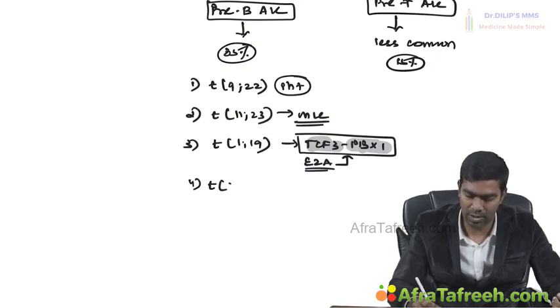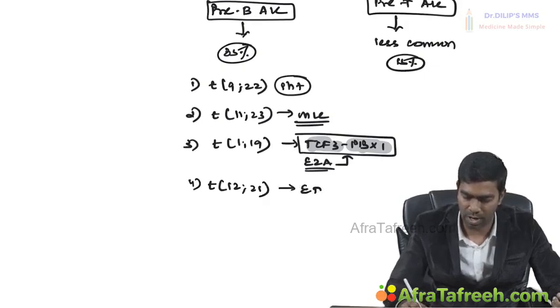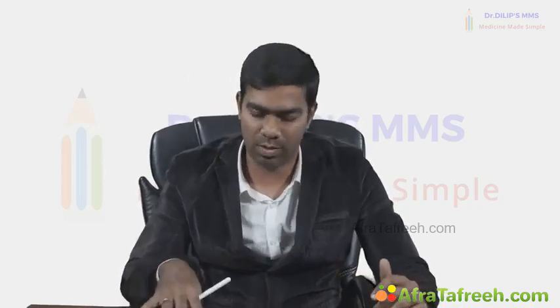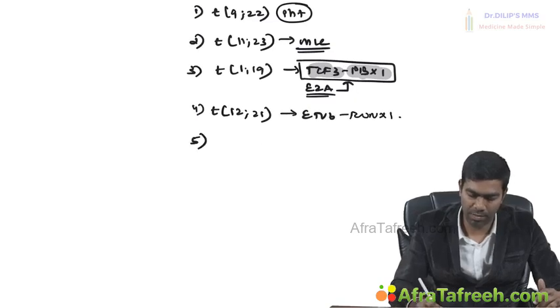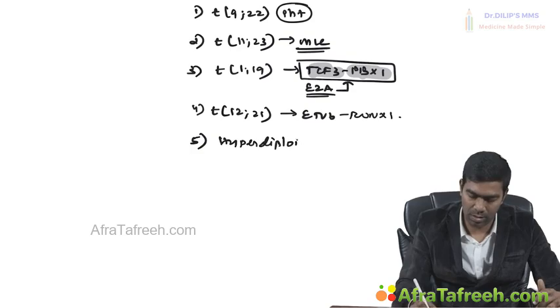Number 4, ALL with t(12;21), where you have ETV6-RUNX1 translocation. Then number 5, you have hyperdiploid ALL, which typically has more than 50 chromosomes. Then you have hypodiploid ALL.